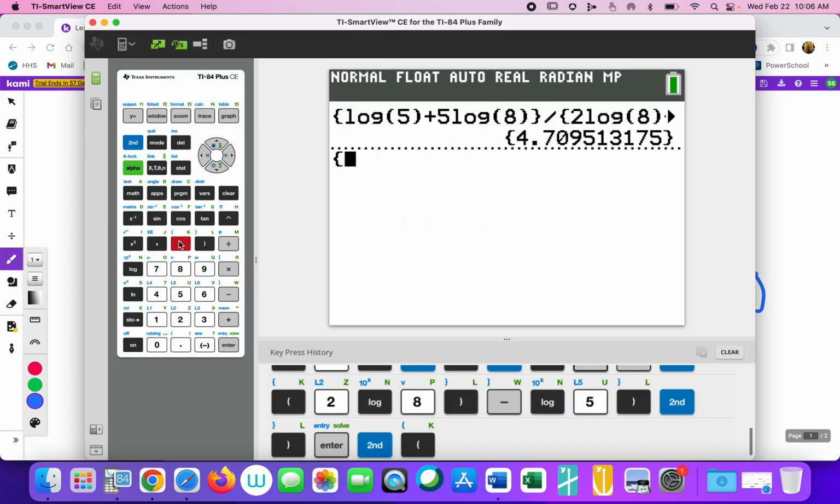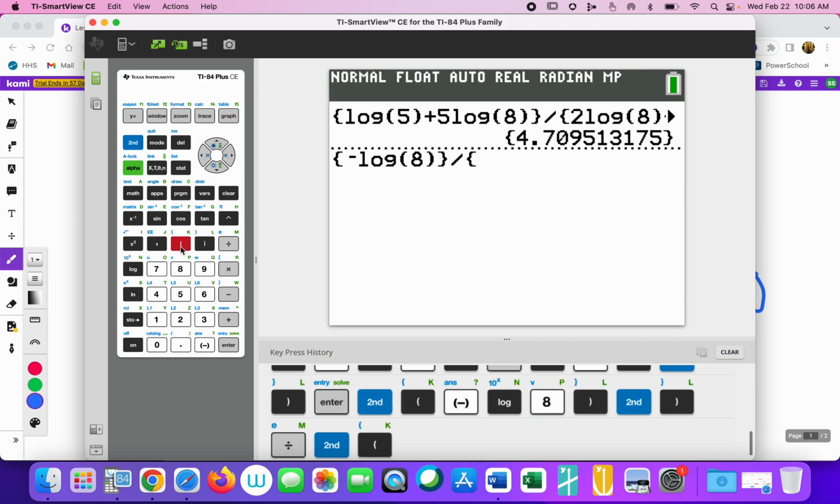So if you're doing that, open brackets. Negative is below the 3, so make sure that you do that. Log 8, close off the parentheses and the brackets if you're using them. Divided by, open bracket. 3 log 5 minus log 8.